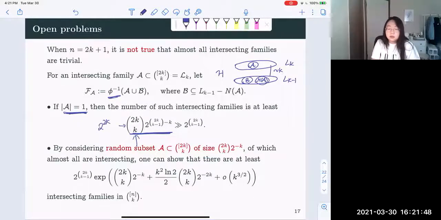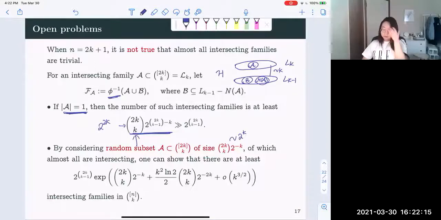So this quantity is already much larger than the number of trivial families. Okay, so now only with one flaw, you can construct a lot of intersecting families, and more flaws will also be allowed. And indeed, if you consider the random set of this size, 2k choose k times 2 to the negative k, and this is actually of order 2 to the k roughly.